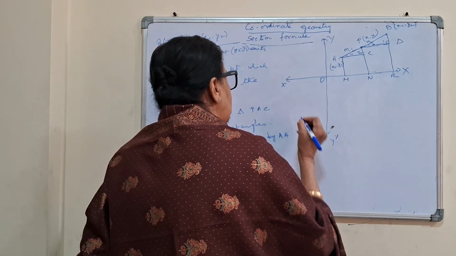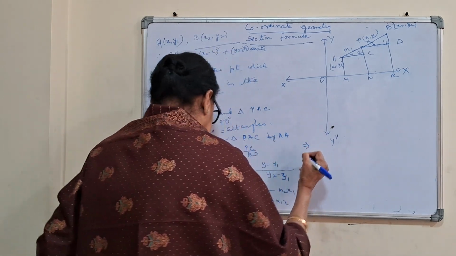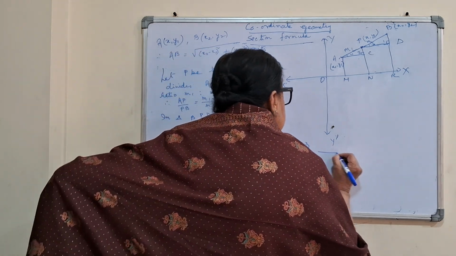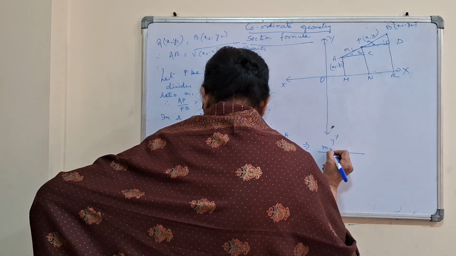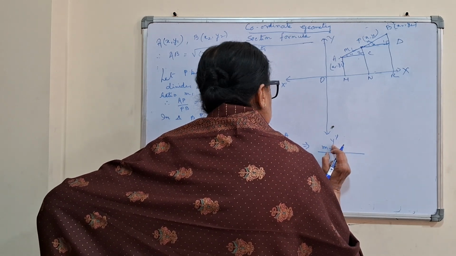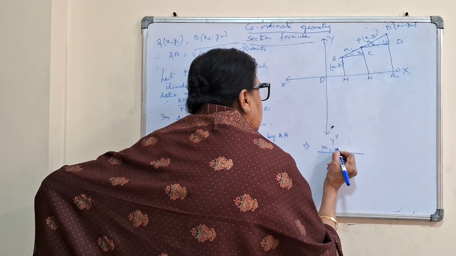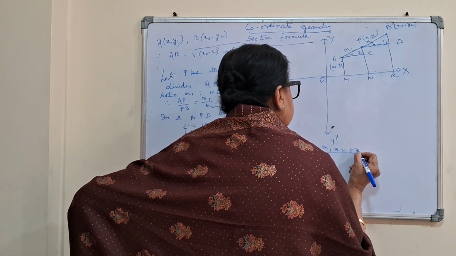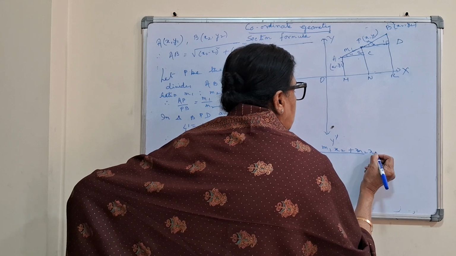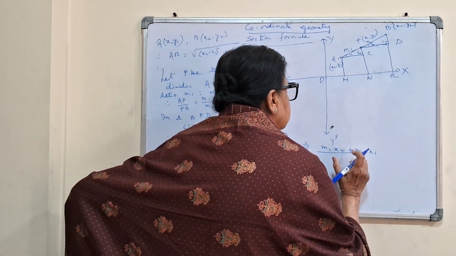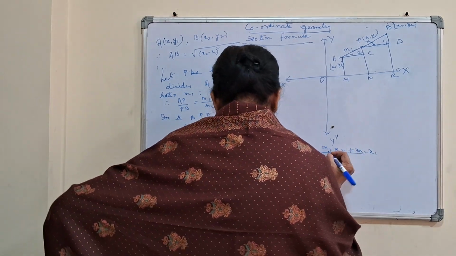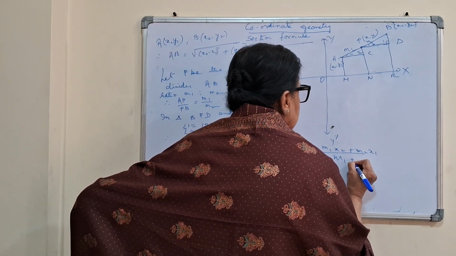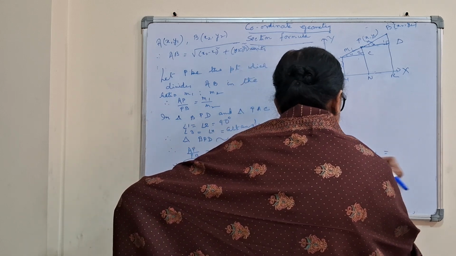So I write it this way: (M1 x2 plus M2 x1) divided by (M1 plus M2), taking x common, is equal to x.